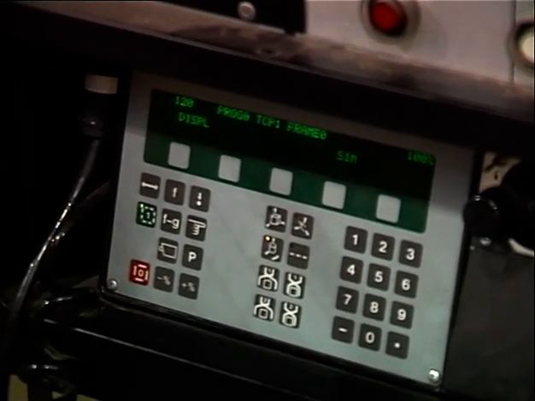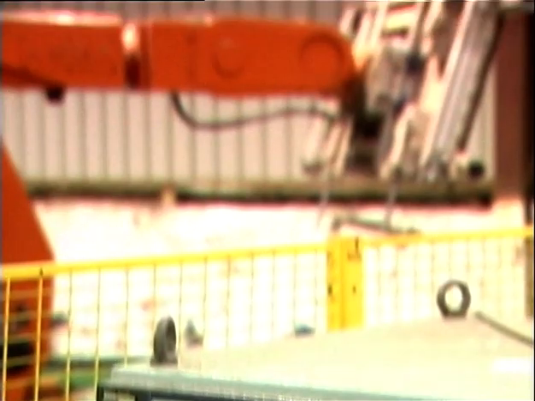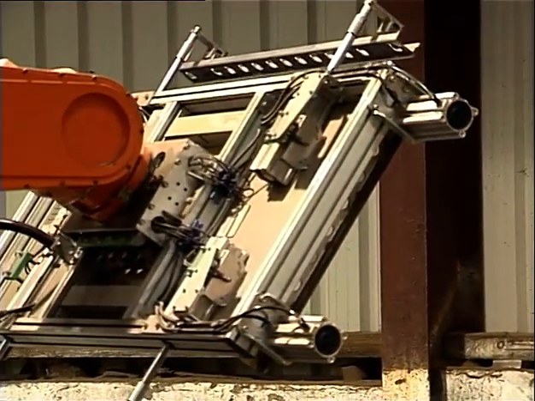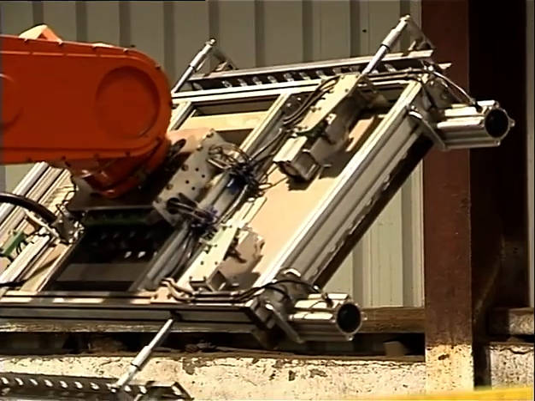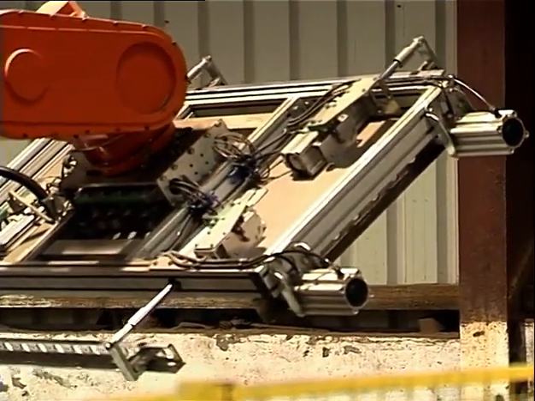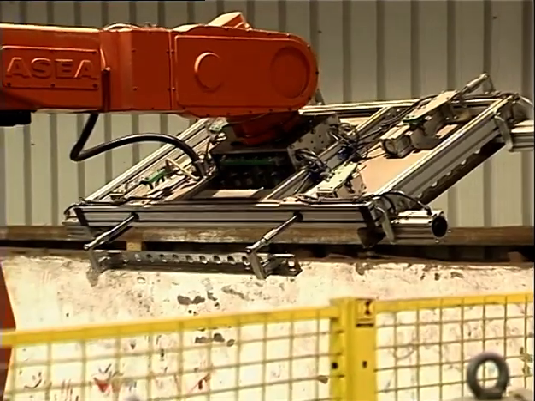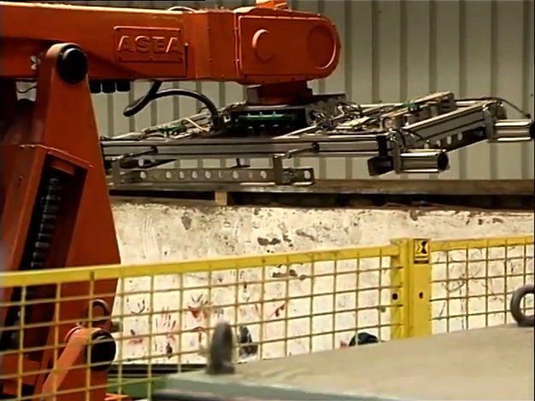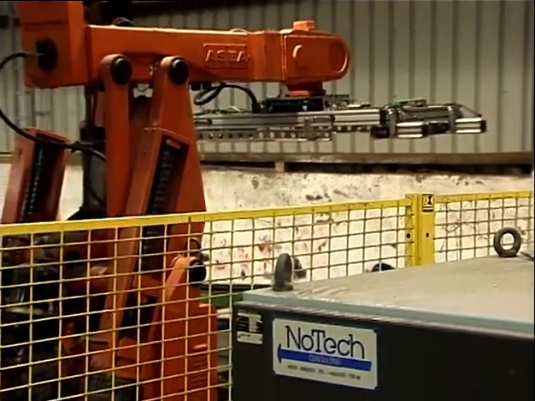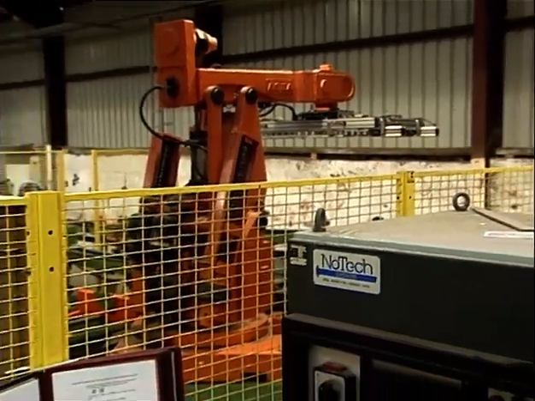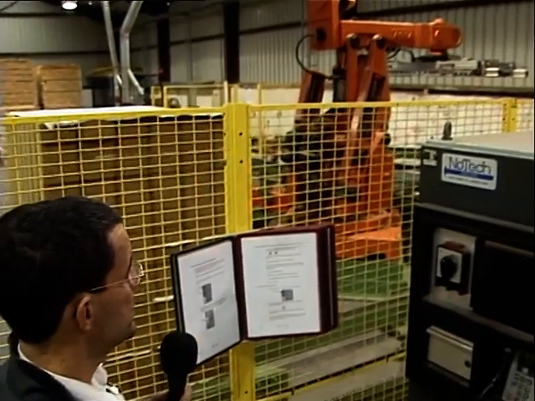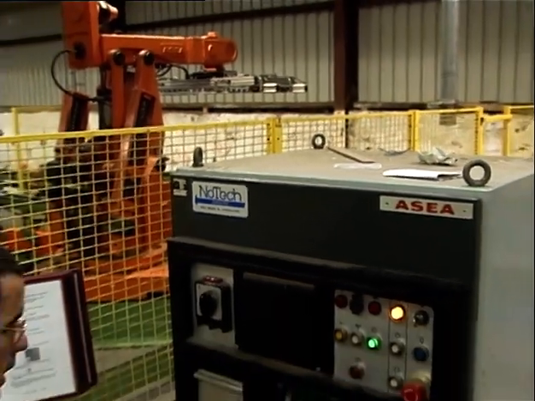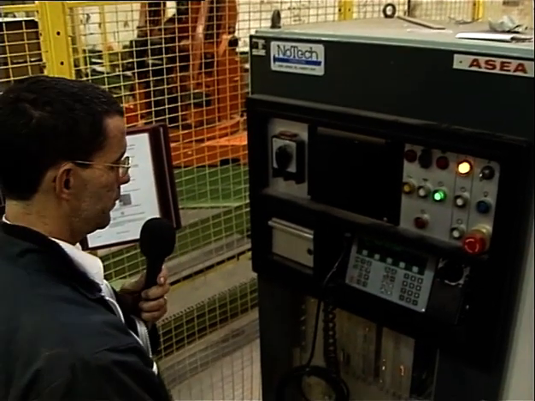Now the robot, you see, is starting and is going to its home position. So you see the robot is in its home position.